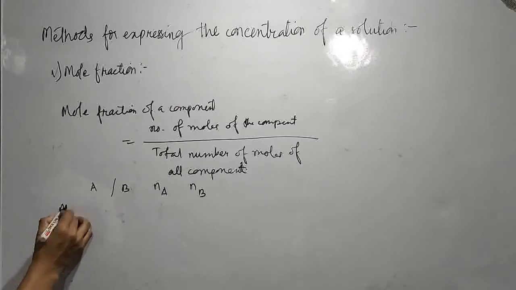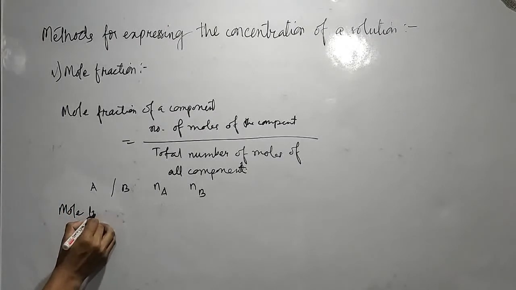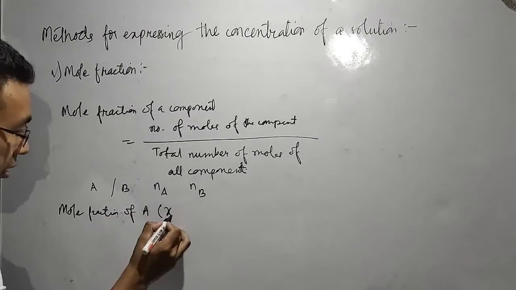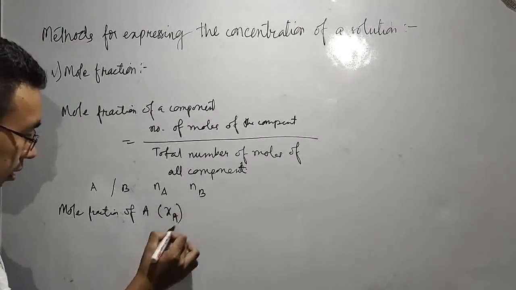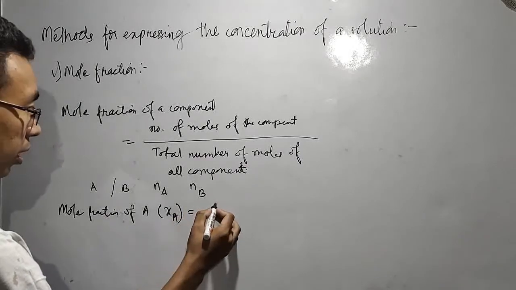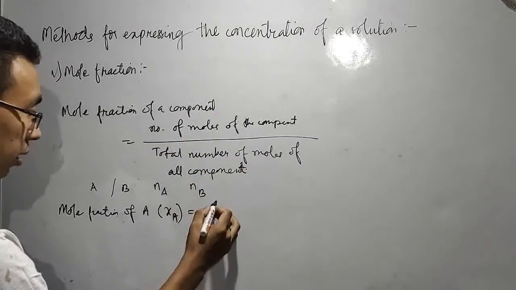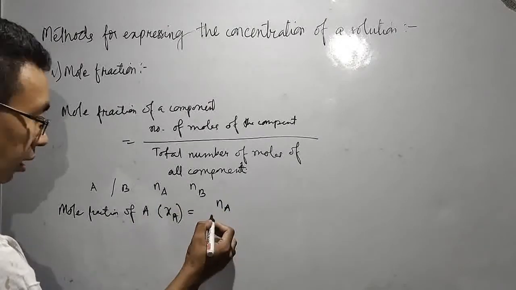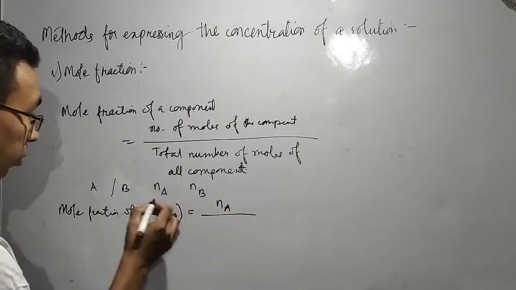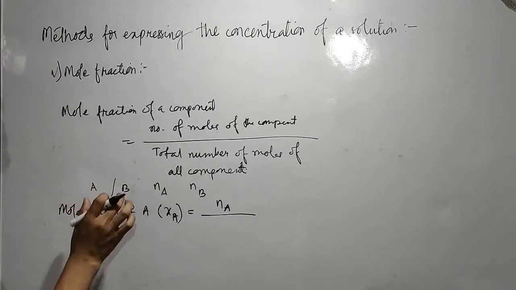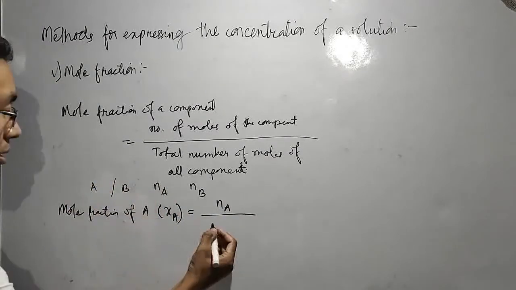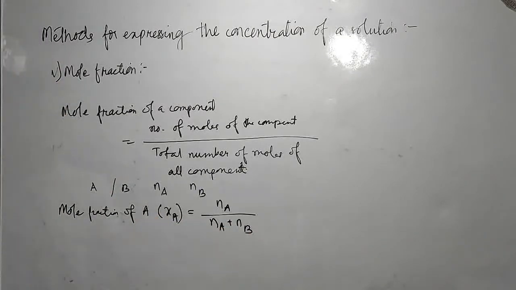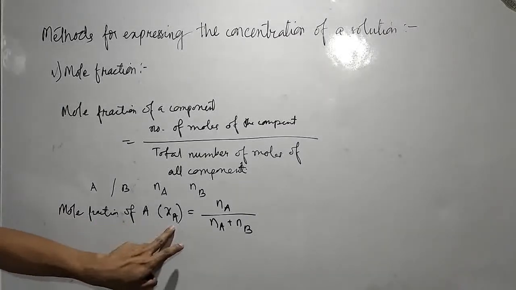Then the mole fraction of component A, written as Xa, will be equal to the number of moles of that component, Na, divided by the total number of moles. Here in this mixture there are a total of 2 components, therefore it will be Na plus Nb. This is how we find the mole fraction of component A, written as Xa.